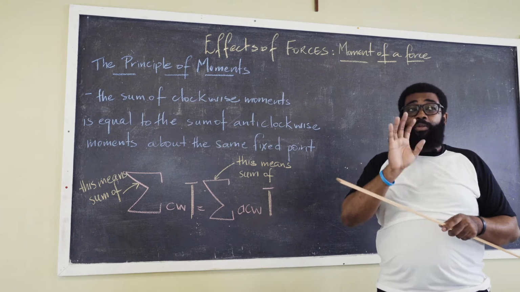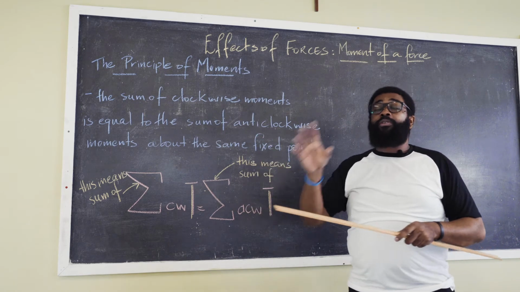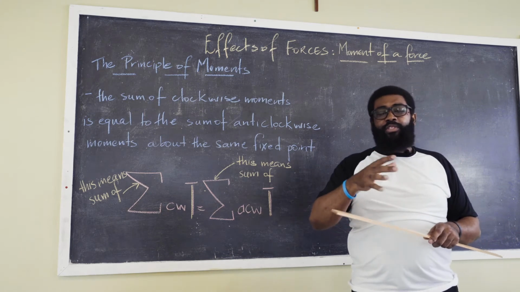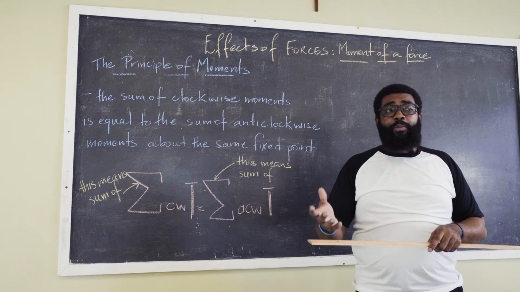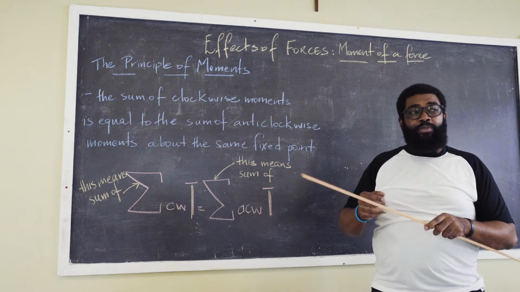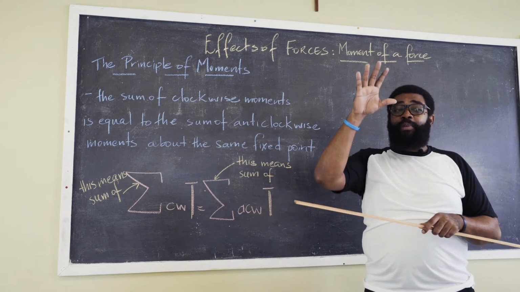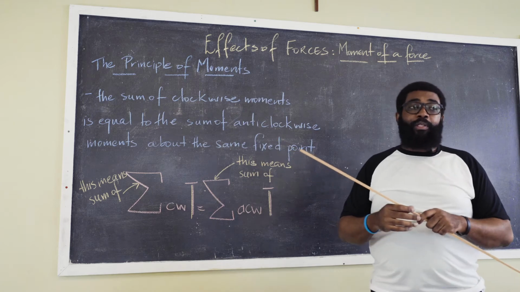The reason the same fixed point, the same pivot, is important is that if you change the location of the pivot, you actually change the moment produced. So you can't move the pivot around and expect to have rotational equilibrium. The pivot has to be in one spot, and because the pivot is in one spot, this principle will apply.